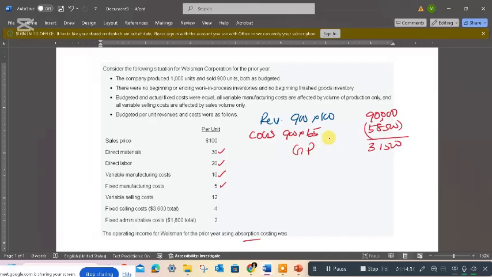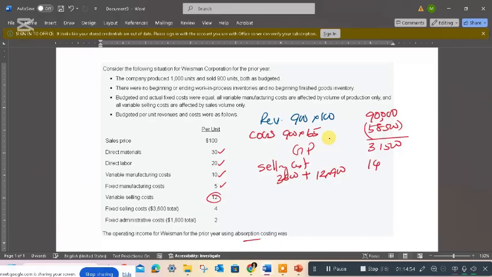Then you take the other items like all the selling cost, administration cost, everything. If you look at selling cost, they have fixed selling cost of 3,600, variable selling cost of 12 per unit. 12 into 900, that's 10,800.